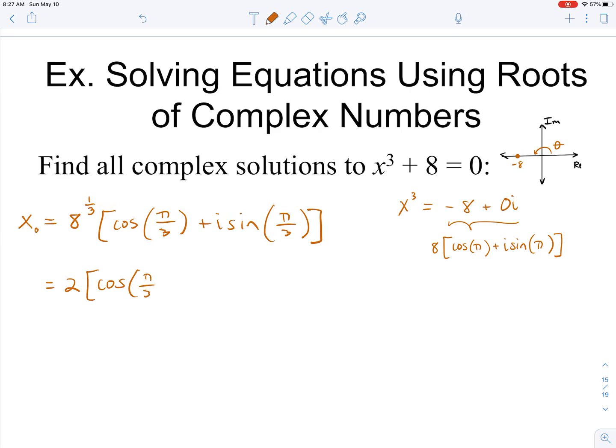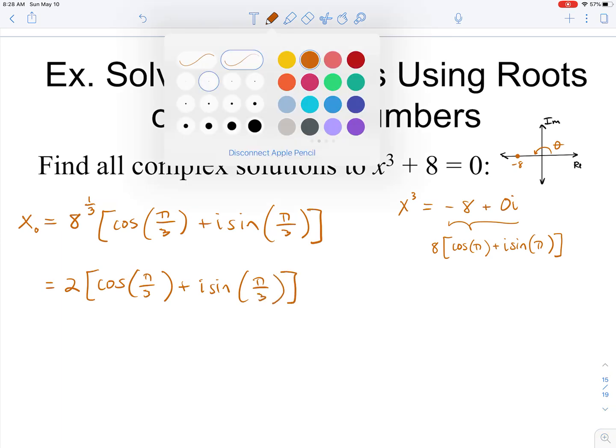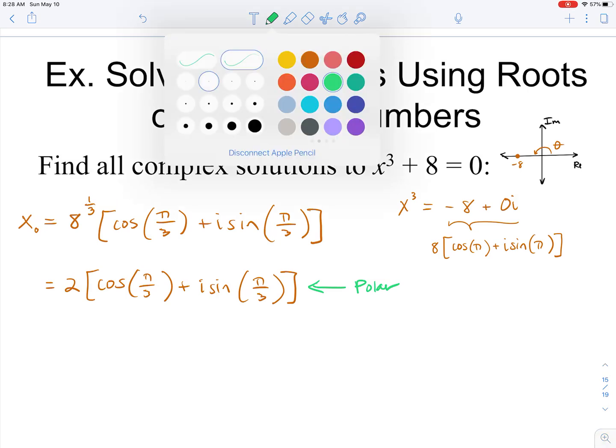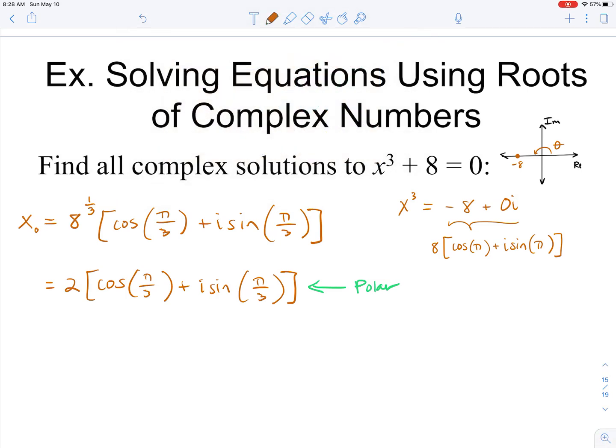And we can simplify. 8 to the 1/3 power would be 2, times cosine of pi over 3 plus i sine of pi over 3. So this would be the first solution in polar form.